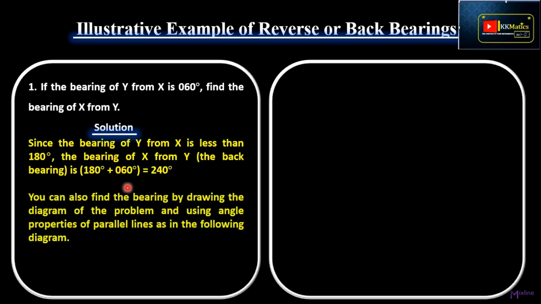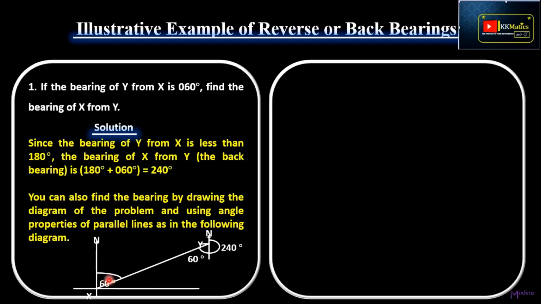You can also find the back bearing by drawing the diagram of the problem using the angle properties of parallel lines as in the following diagram. So remember, we said the bearing of y from x. The direction is from x, and this is where y is. So that's the bearing of y, which is 60 degrees.